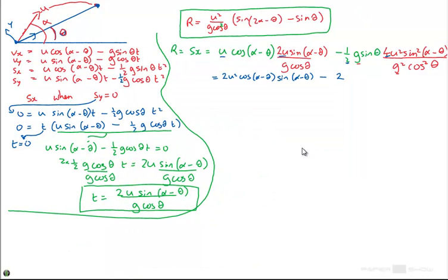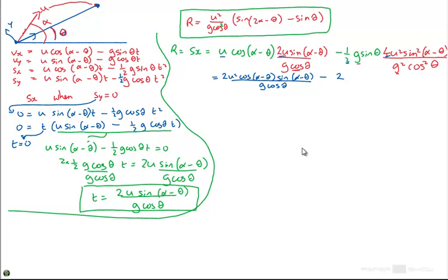Now sorry about that. We better go back to the first expression here. I forgot to put in the fraction bit there as well, so that's still all over g cos theta.